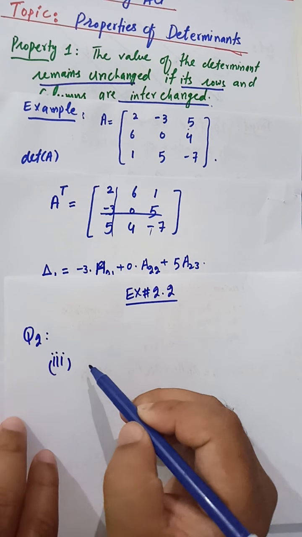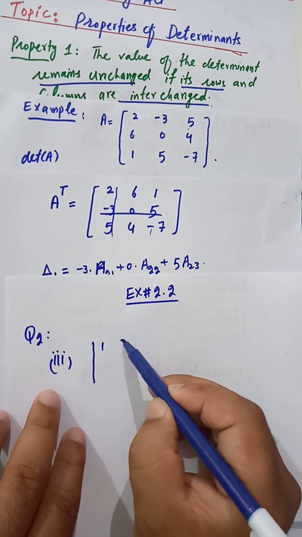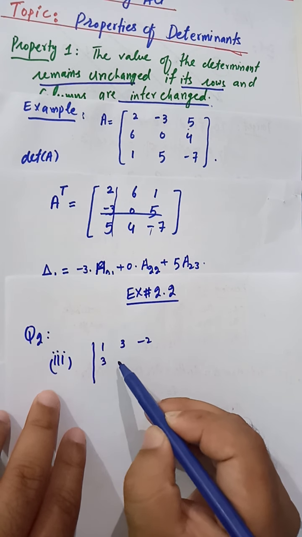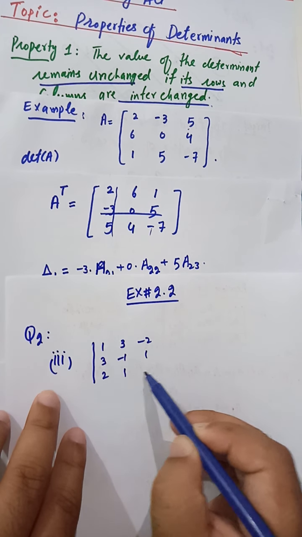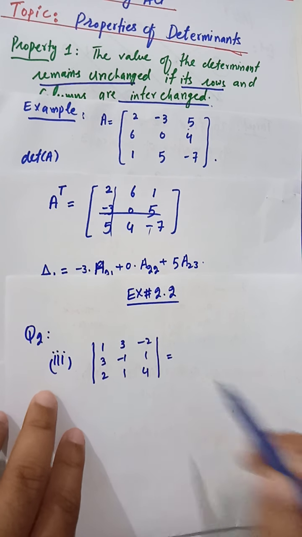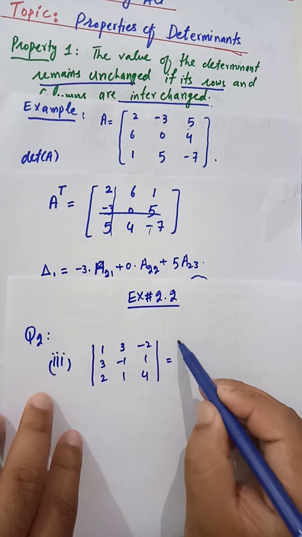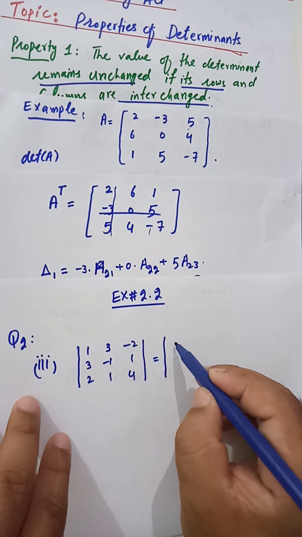You don't need to evaluate the determinants, but you need to give a reason for the equality. So that reason must be from the properties of the determinant. This part 3 involves property number 1. That's why I am discussing this part 3, question 2 of exercise 2.2.